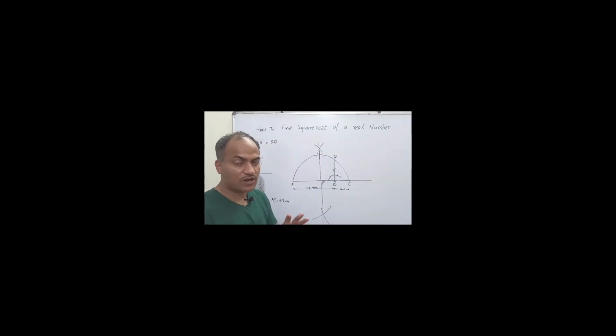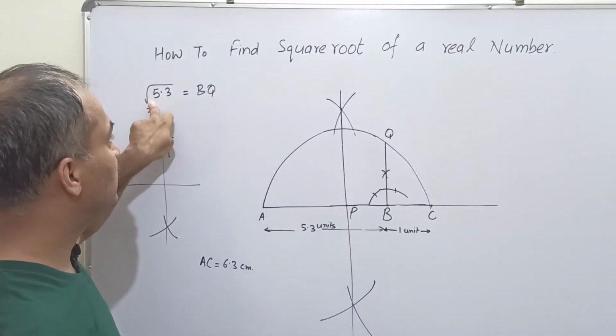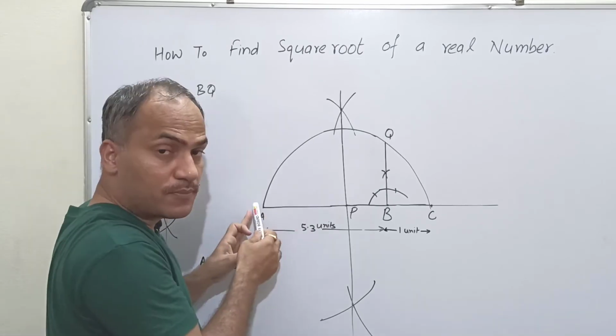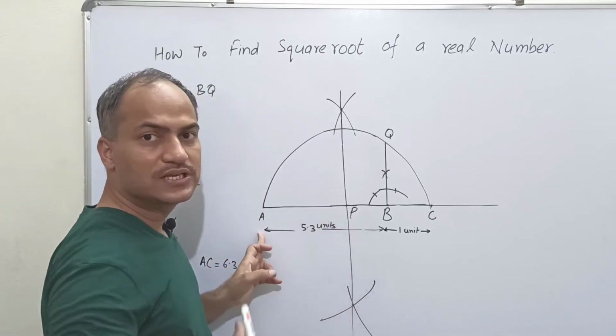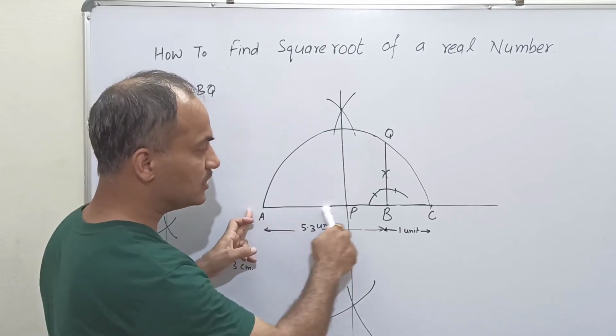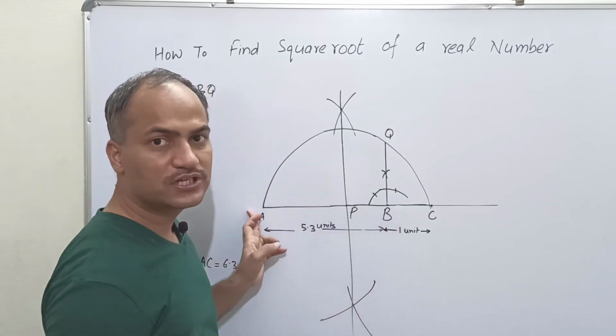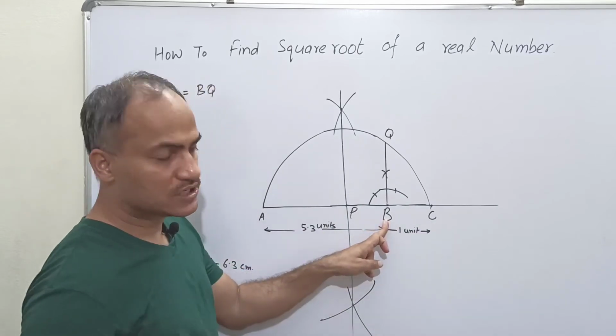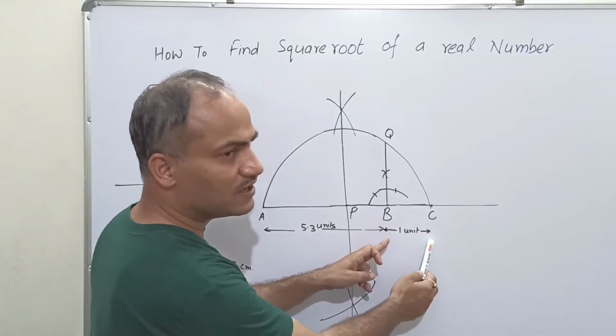Let us just recall. First of all, we need to find the square root of 5.3. We took a point A, then from A we took 5.3 units distance on this number line, and we took one more point B. After B we took one more point such that BC is 1 unit.